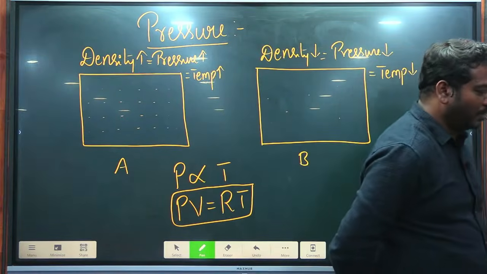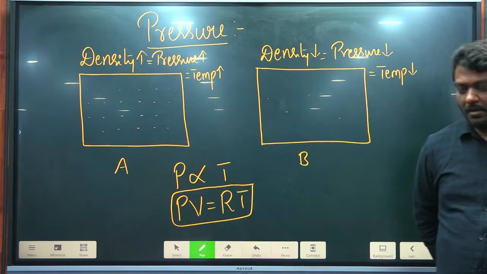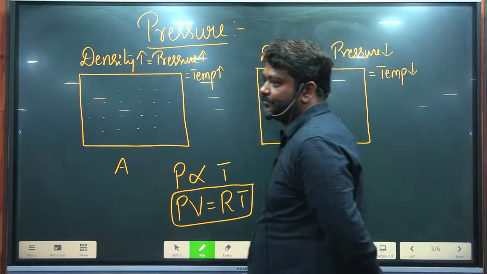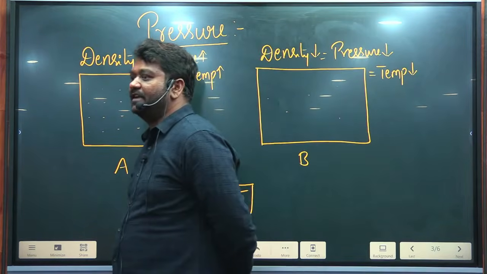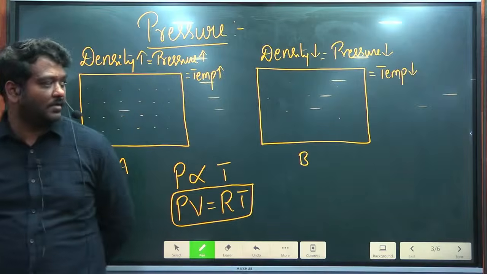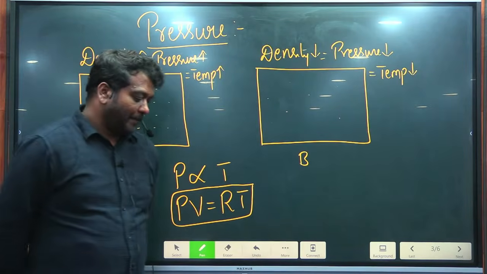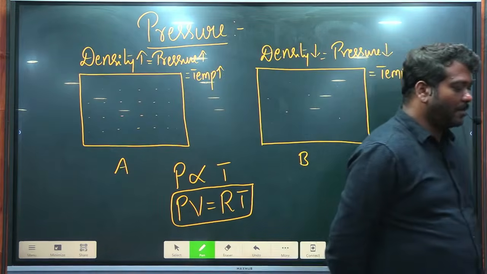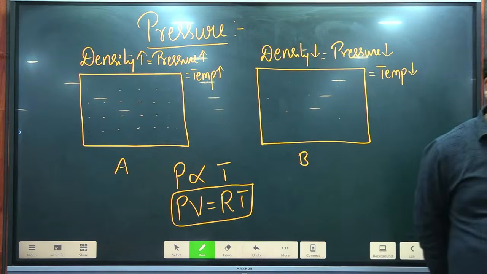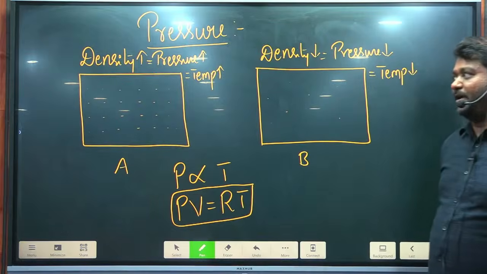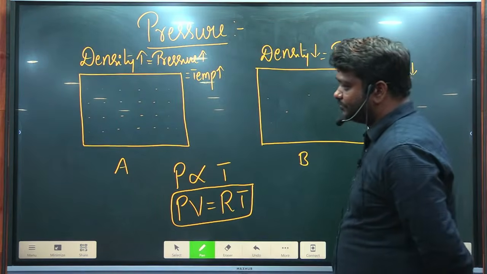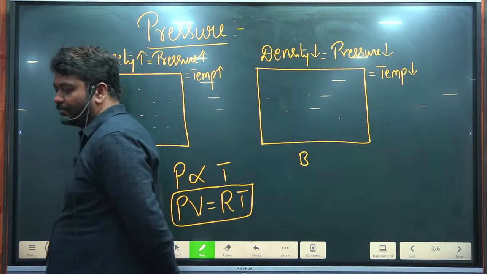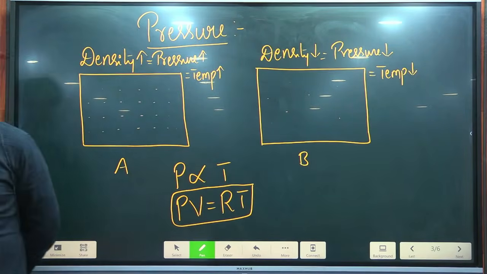Full stop. As density is high, pressure will be high, and temperature will also be high.